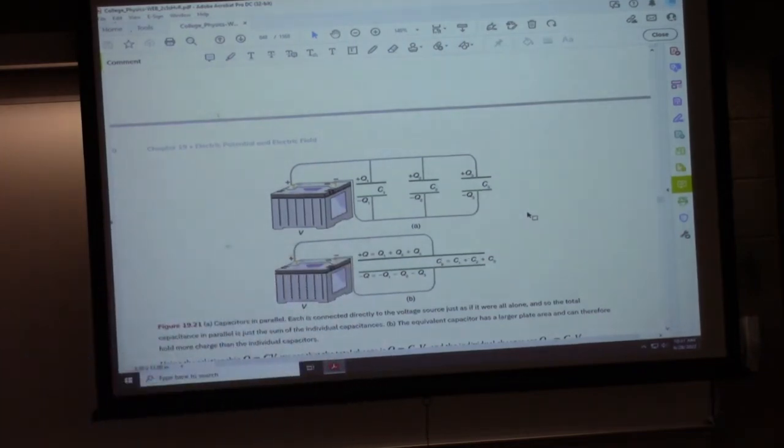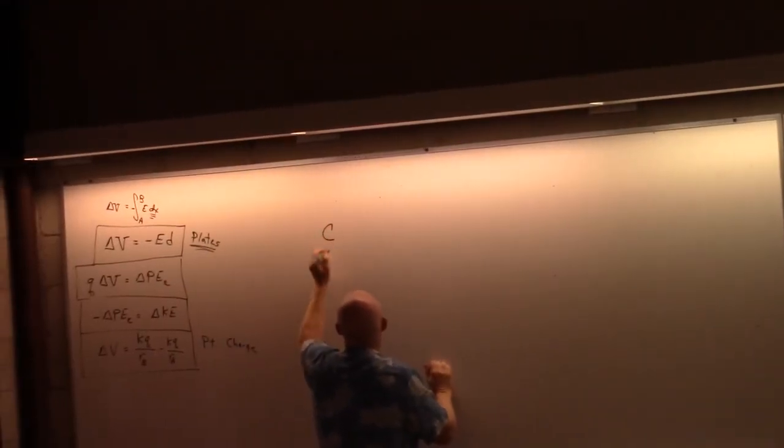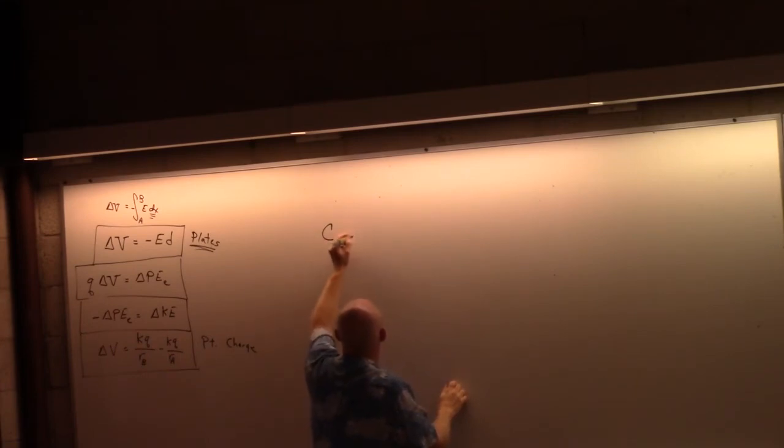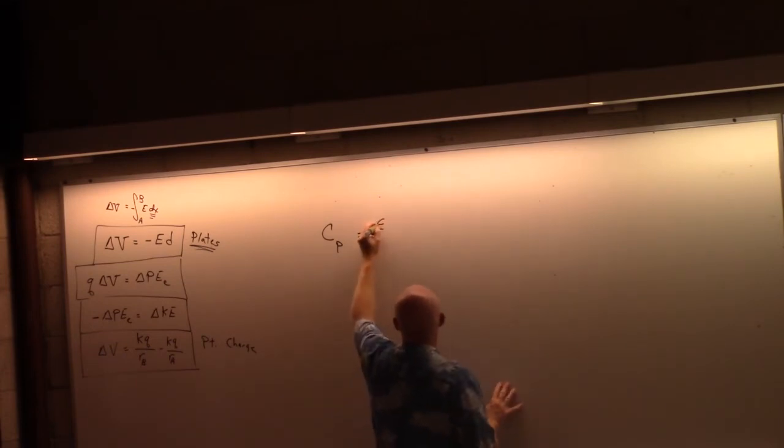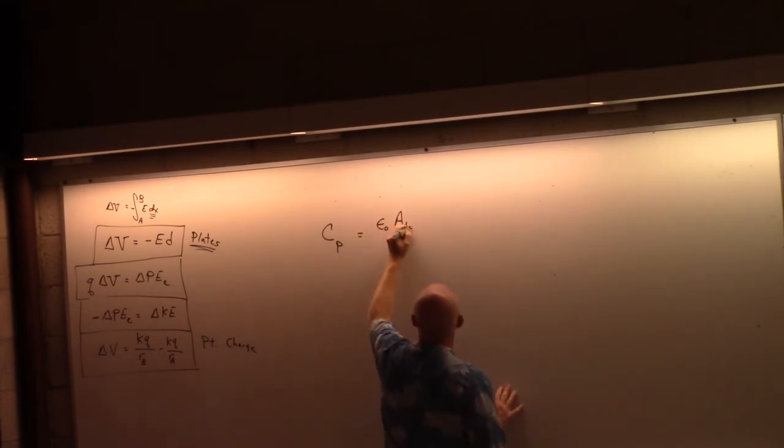You can kind of see it this way here. Watch this. What if I were to say the total capacitance would be nothing more than the total area over the separational distance.